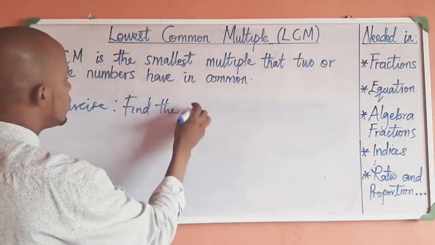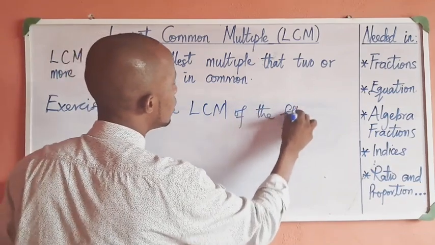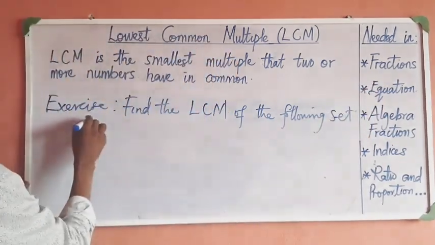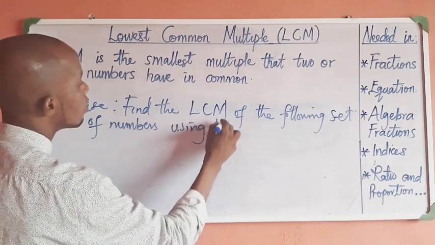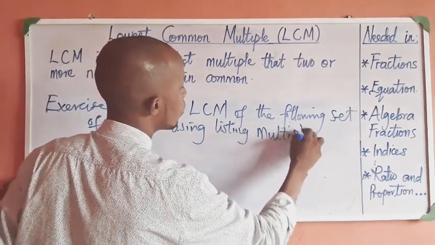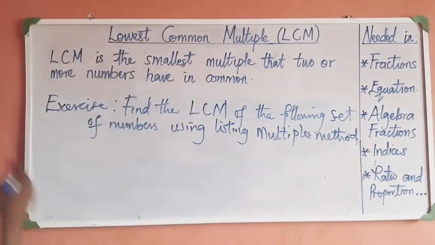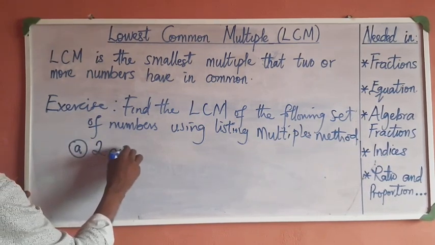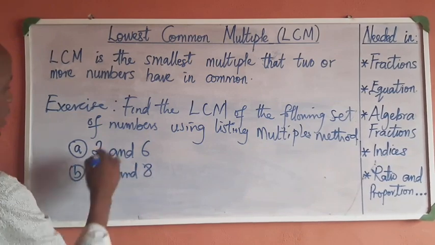Find the LCM of the following sets of numbers using the listing multiple method. A, 2 and 6. B, 3 and 8.